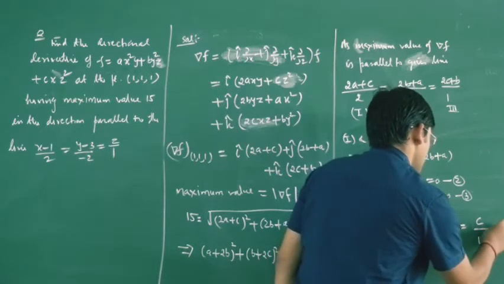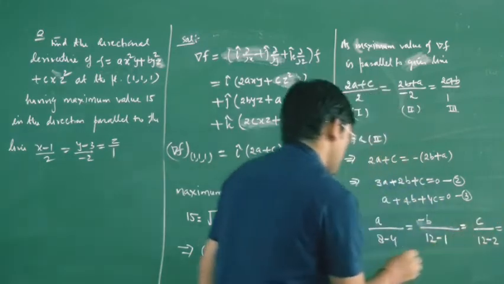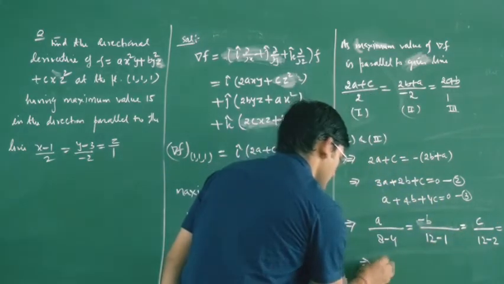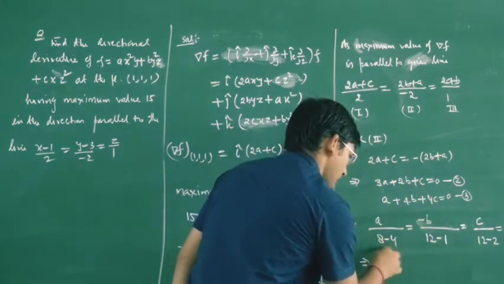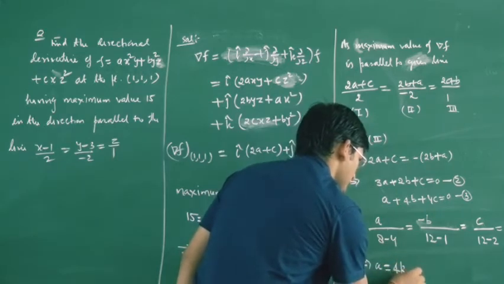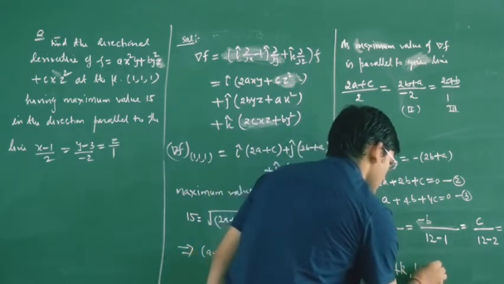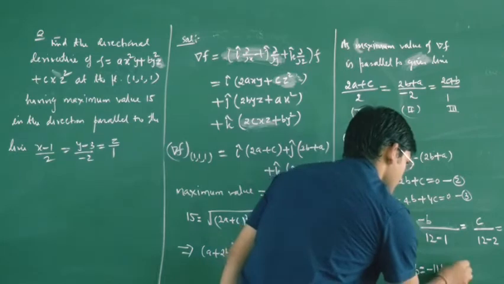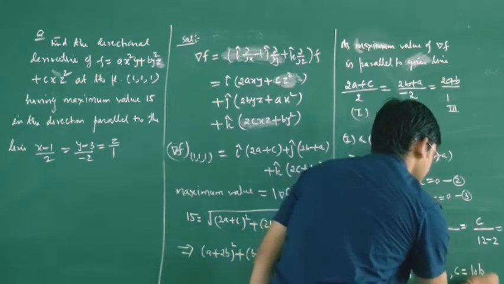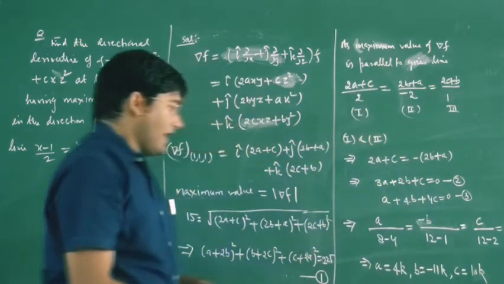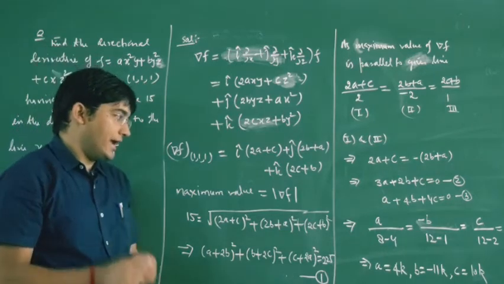Let us assume that this is equal to k, so our a is equal to 8 minus 4, which is 4k, our b will be equal to minus 11k, and your c is equal to 10k. So we have the values of a, b and c.